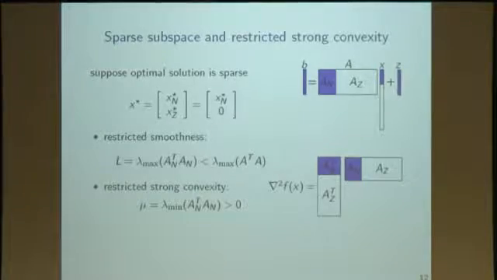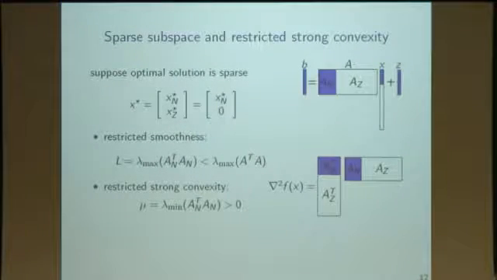Here, if you restrict your consideration, your problem, to the subspace N, then first look at this. You could get local strong convexity. Your minimum eigenvalue could be larger than 0. At the same time, your upper bound L is getting much smaller.